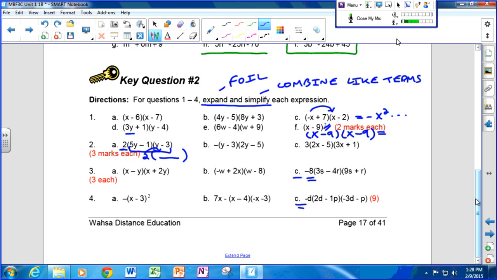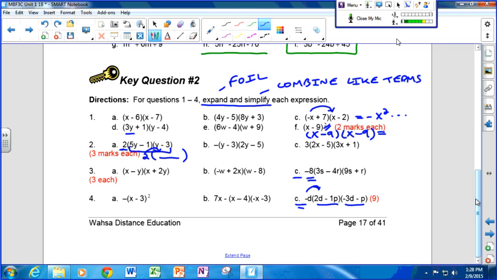But if you use your FOIL on the 2 binomials, and then you multiply negative d by everything inside the resultant brackets, it's going to work out.